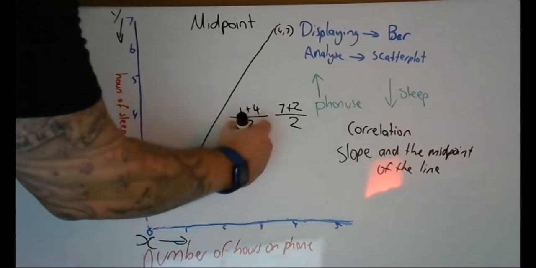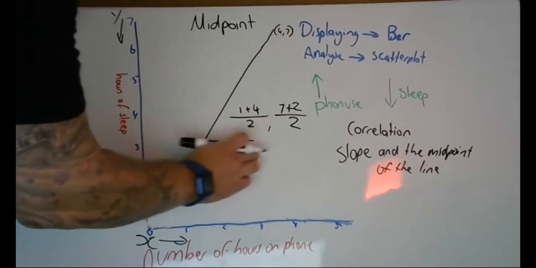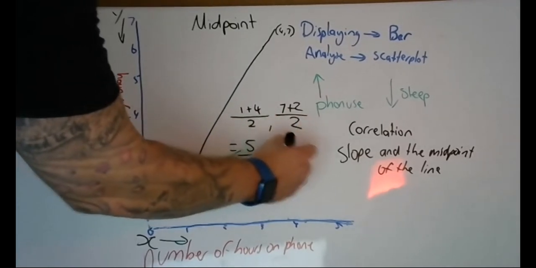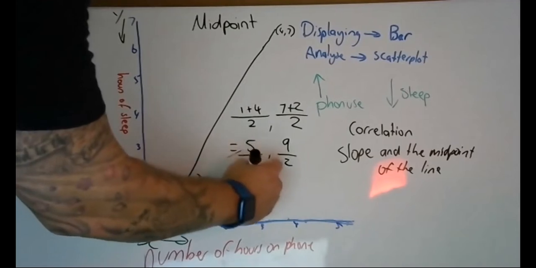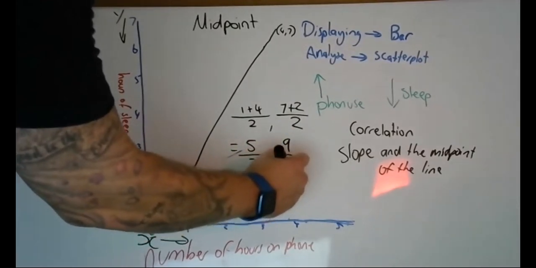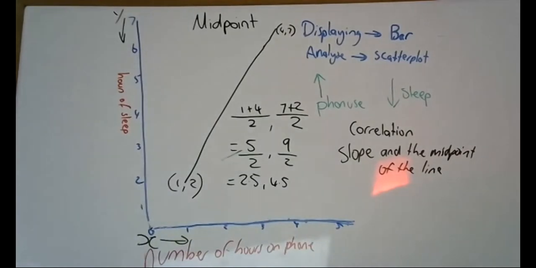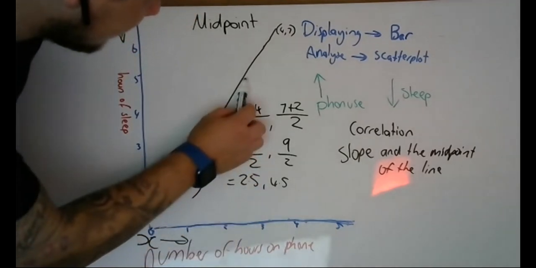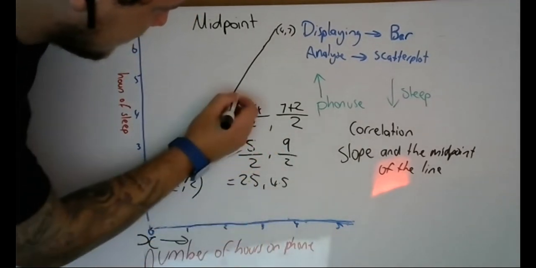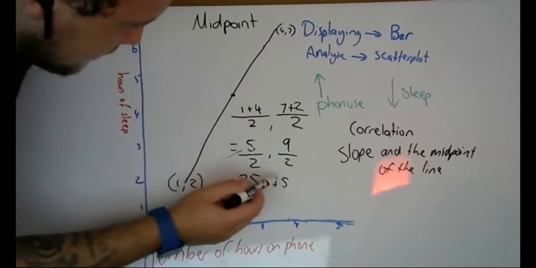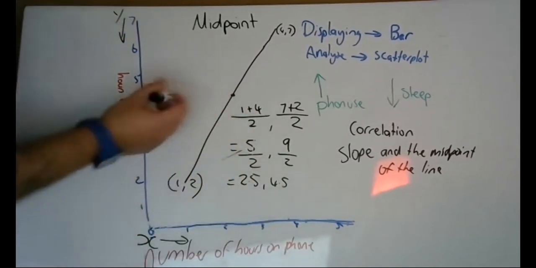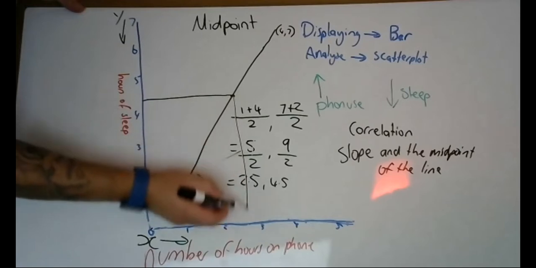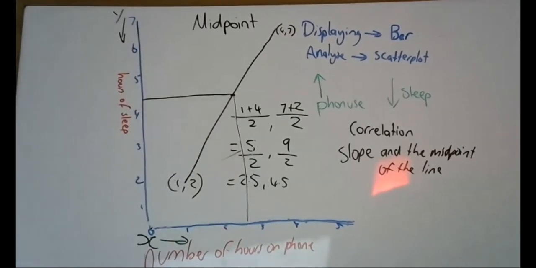So that gives us 5 divided by 2 and 9 divided by 2, or 2.5 and 4.5. Okay, so 2.5, if we look here, is here. And that is exactly halfway, if you look at the line here. So that's our midpoint.